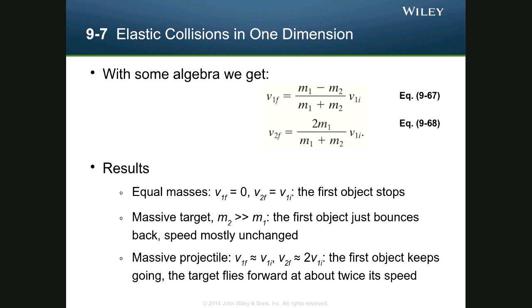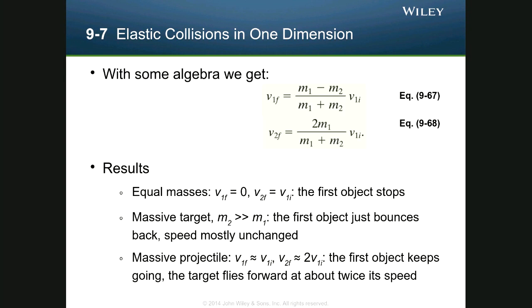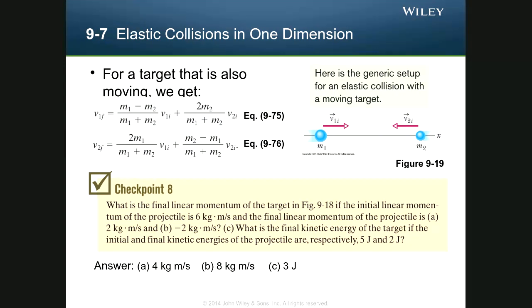So if we look at the figure, 9-18, we have a projectile moving toward a stationary target. Okay, so we know that. So here we have the initial linear momentum of the projectile is 6 kilogram meters per second.